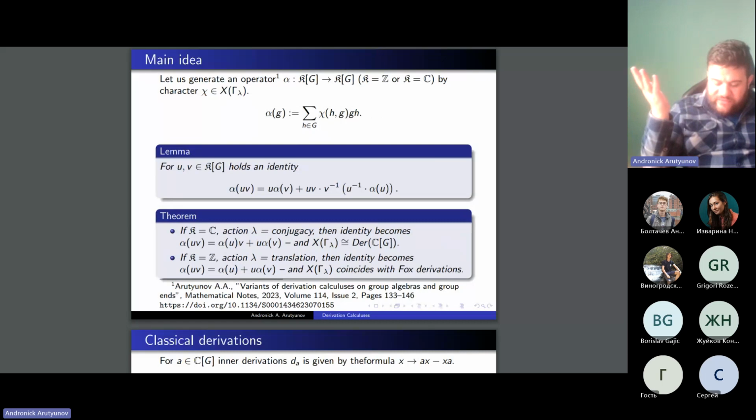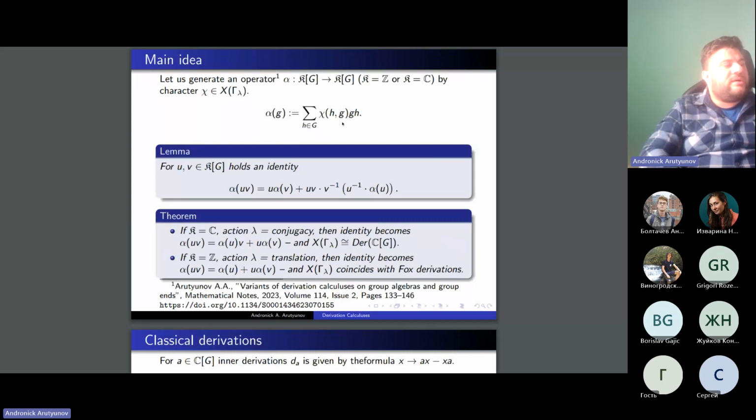So why do I have this identity? Because if you take alpha on the multiplication of g, u, v, then you can see that you have got a character on the second argument, you have also u, v.